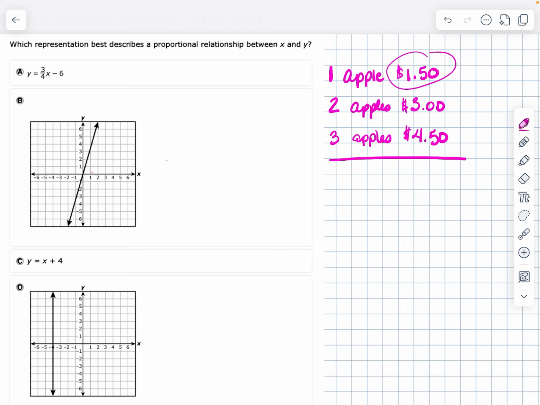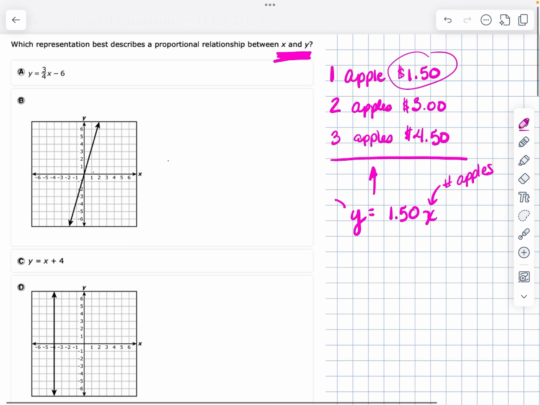And the question is, what graph describes a proportional relationship between x and y? Okay, so if I were to write an equation for this, it would be y is equal to $1.50 times x, where x is the number of apples and y would be the total cost.